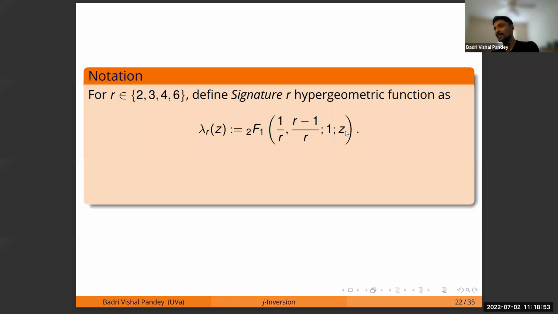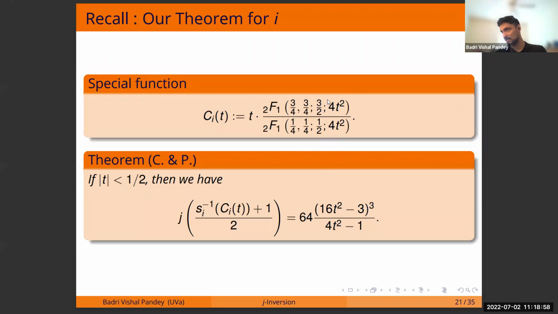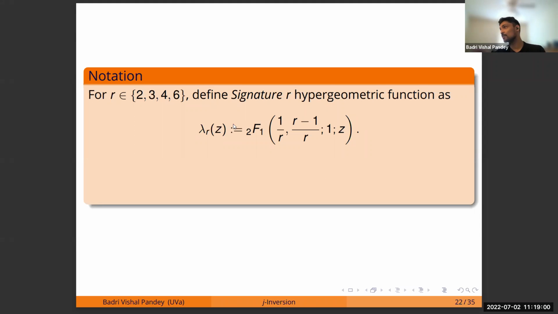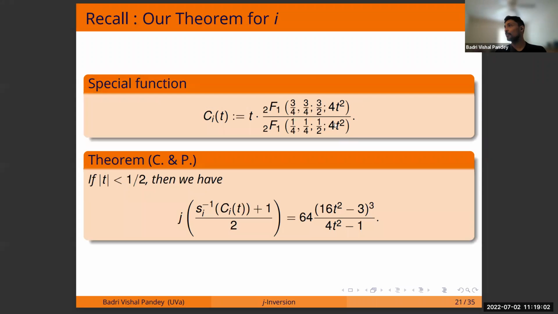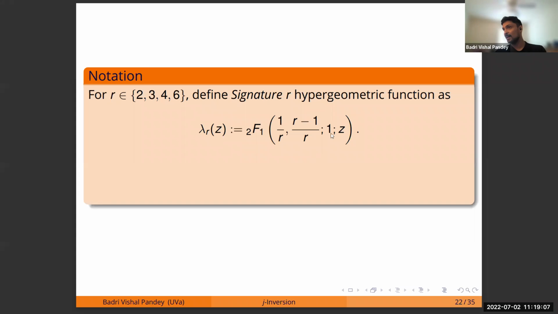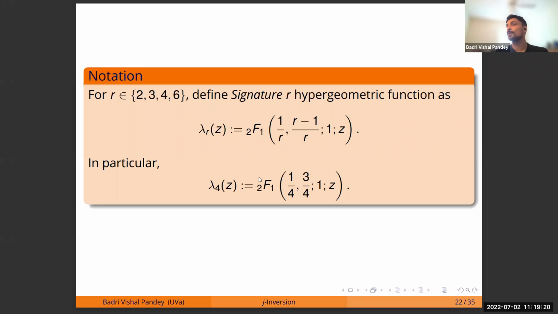These are going to be important in our proof, because a lot of things are known for these formulas. So we'll interpolate these functions and get a linear combination which looks like this. The theory in this case is well known, and we'll use the formulas from there to prove our result. In particular, lambda sub 4 of z is equal to 2F1 at 1 upon 4, 3 upon 4, 1, and z.